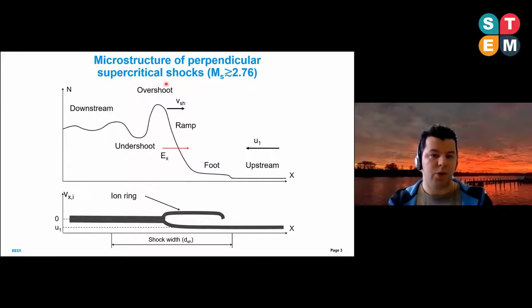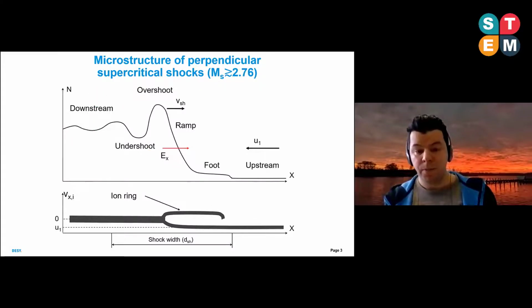We have the overshoot with the maximal density, and overshoot and undershoot structures associated with ion ring relaxation further in the downstream, and the downstream region with the thermalized plasma.